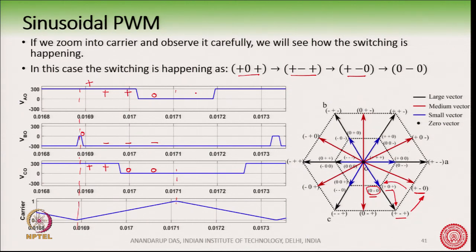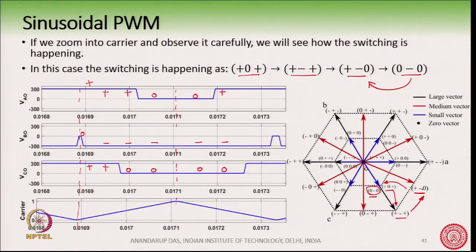After this is the end, we go from here to 0 minus 0. So, we have reached here, now we are going back, 0 minus 0, then again plus minus 0. We started from here, went like this, and now we are again coming back to plus minus 0.